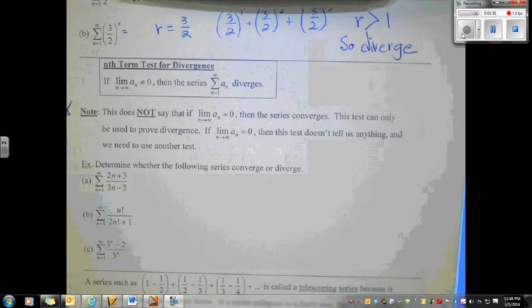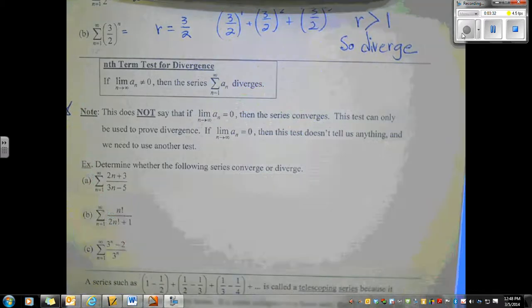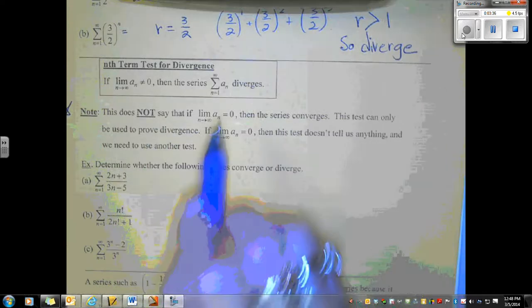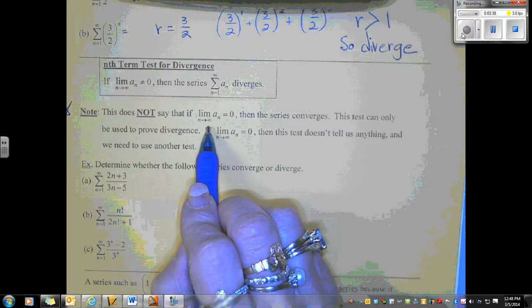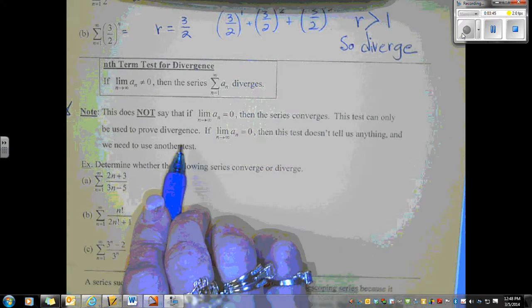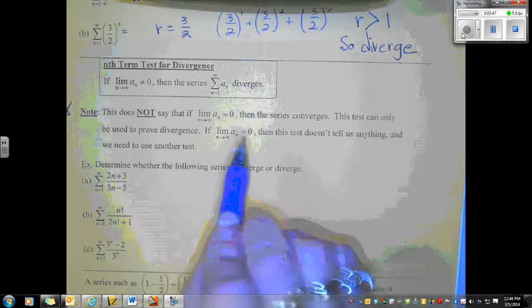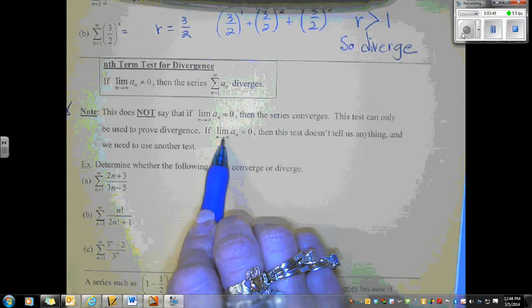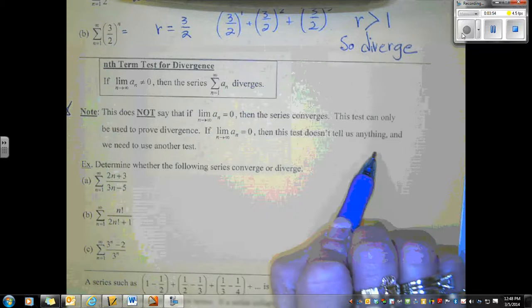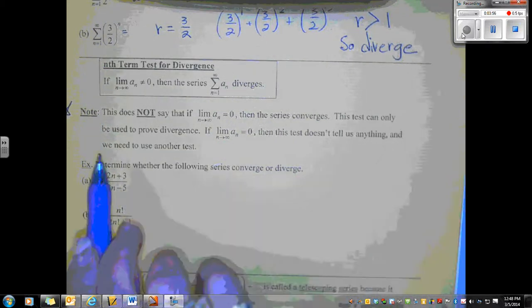This does not say that if the limit as n goes to infinity of a sub n equals 0, then the series converges. This test can only be used to prove divergence. If the limit of a sub n equals 0, then this test doesn't tell us anything, and we need to use another test.